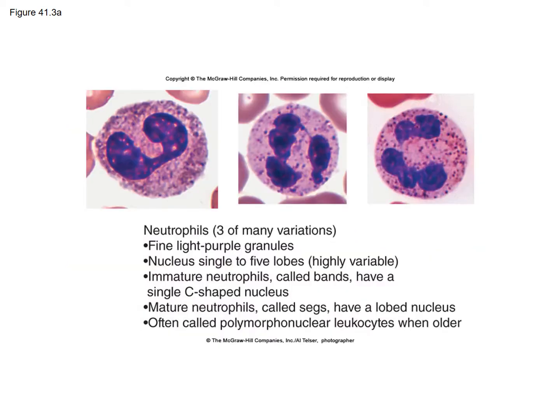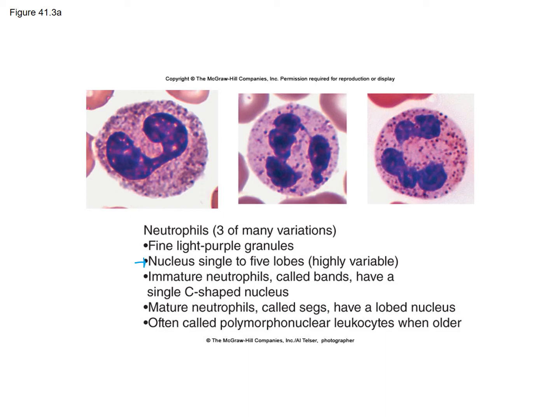This is just a few subtypes of the neutrophil. As you can see, the neutrophil has a multilobed nucleus. Sometimes it is bilobed, 3 lobes, sometimes 4 lobes, and it has fine light purple granules. The nucleus has a single to 5 lobes, as you can see here.